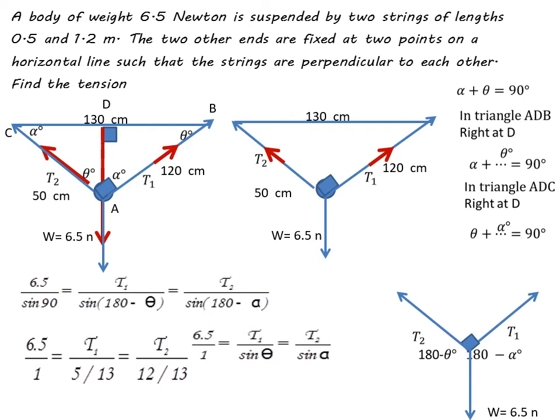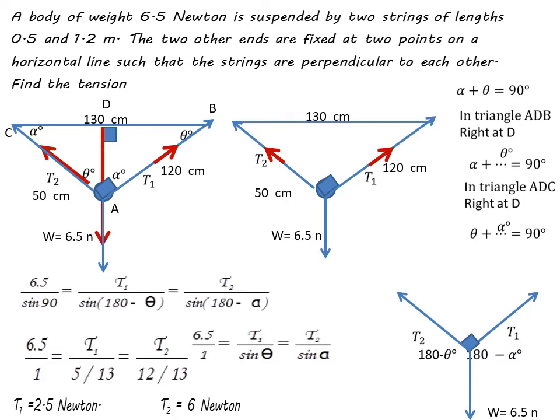And also T2 over sine alpha. Sine alpha will be opposite over hypotenuse. It will be 120 over 130. Finally, by using cross multiplication I can find the value of T1 equals 2.5 and T2 will be 6 Newton.